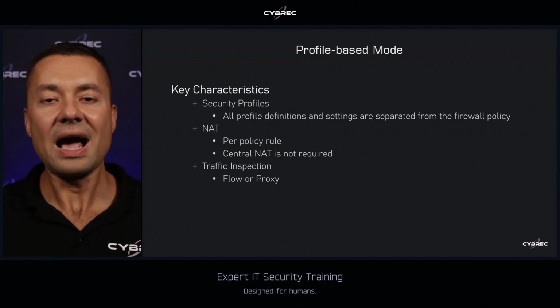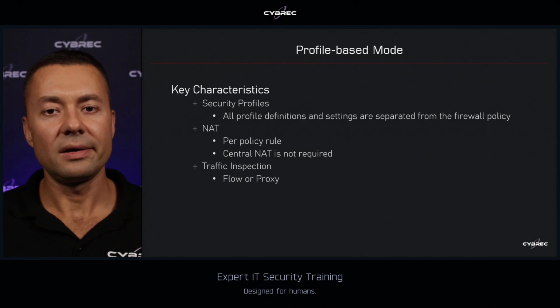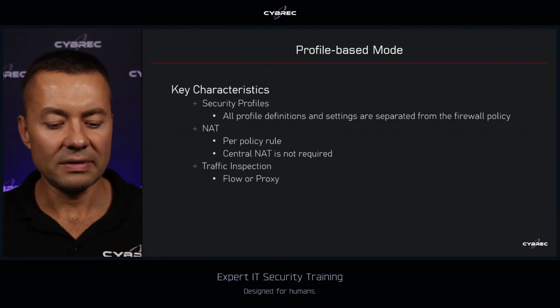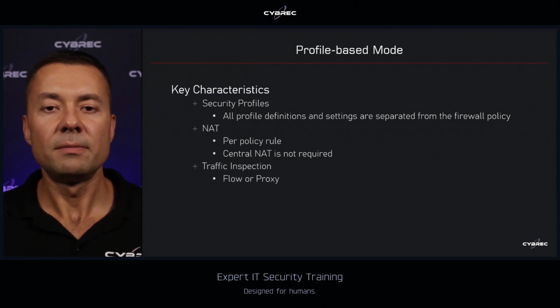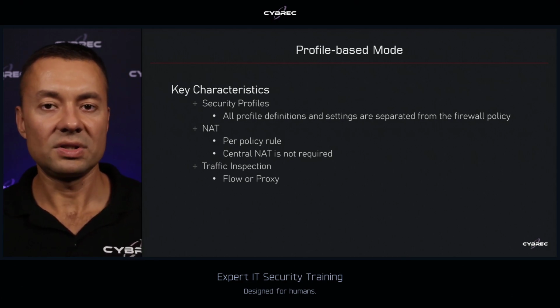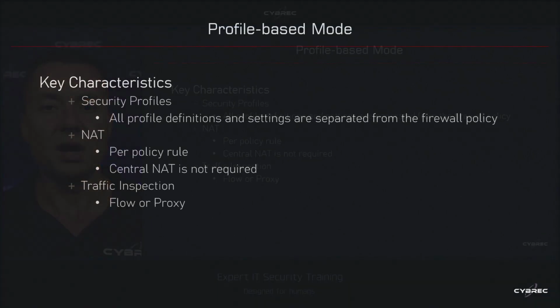The difference, from a very high level, is that with flow inspection the system takes a snapshot of the packet and does the inspection on the fly, versus with proxy mode, it buffers the traffic and does the inspection when everything is buffered. We will talk about this in a different video series when we get to security profiles. But in the case of profile-based mode, you can easily select one or the other traffic inspection mode, and you can do it on a per rule basis.